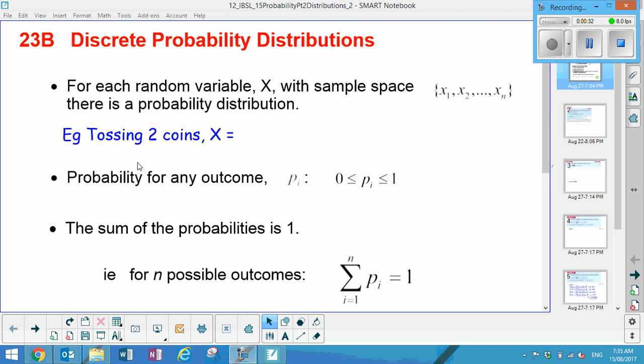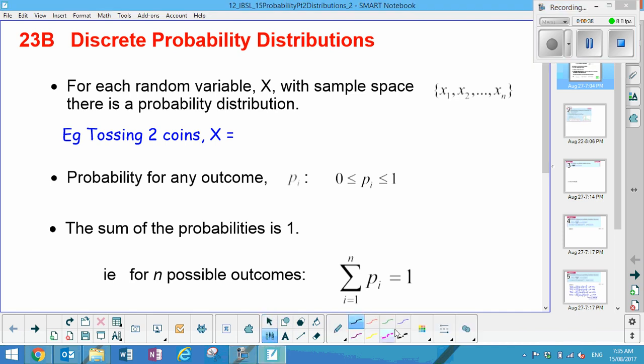So the example we looked at was, say, tossing 2 coins, and we could make x our random variable. Let's call it this time x is the number of tails, just for a change. Could have done a number of heads, but make sure you look carefully at what you're defining as your random variable.